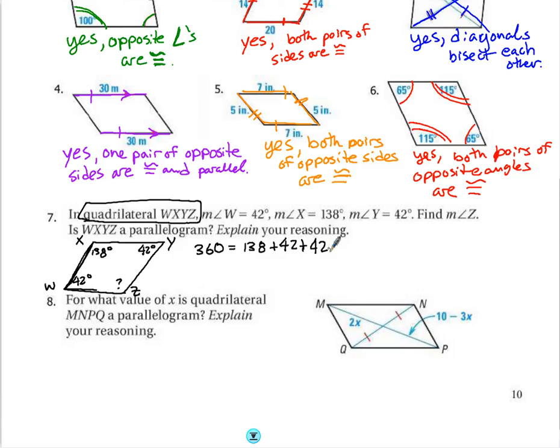When I add up 42, 42, and 138, and subtract that from 360, I end up with the measure of angle Z being equal to 138 degrees. Now, because Z is 138 degrees, we can realize in our picture that the opposite angles are congruent to each other. And since the opposite angles are congruent, we can say that WXYZ is a parallelogram.